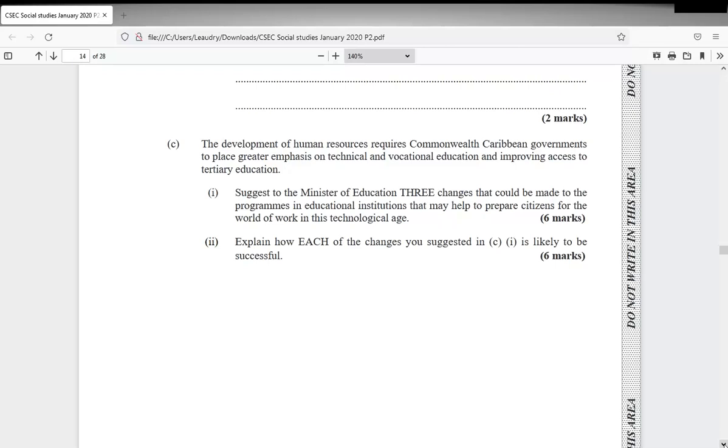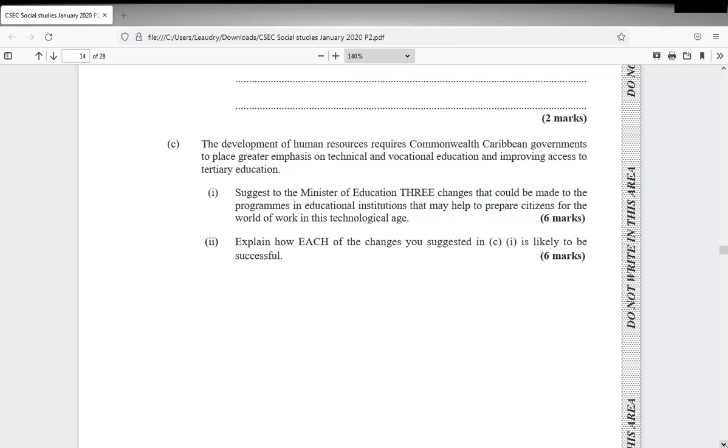Another change that the government can make to these educational institutions is that they can allow these institutions to provide programs that almost every individual has access to or can afford to pay for, whether skills, training, or whatever courses they are doing, so as to be better equipped to come into the world of work in this technological age.